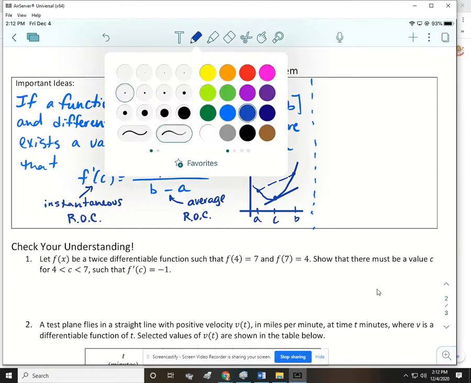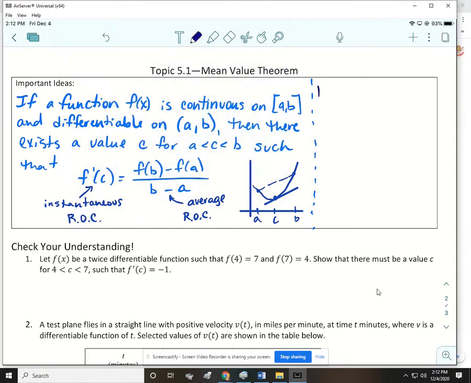All right, so let's talk about how you prove it. And then the mean value theorem, we call it MVT. Almost said MVP. So how to prove with the mean value theorem? Number one, you have to check the conditions. So continuous on the closed interval, differentiable on the open interval.